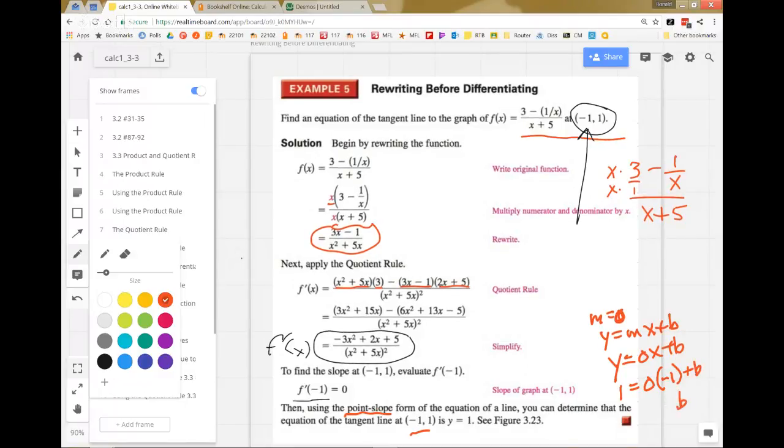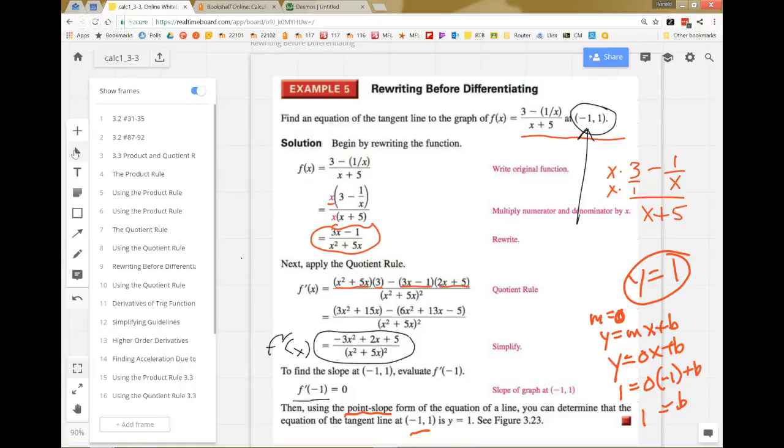And you can see that b is 1. So therefore, y equals 0x plus 1. And that is the final answer to this problem: find the equation of the tangent line to this graph at that point, way up at the top. Okay. Well, that was with relatively great difficulty.